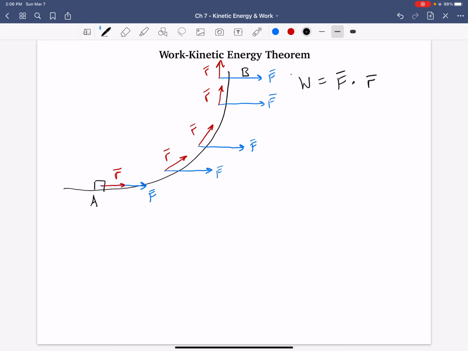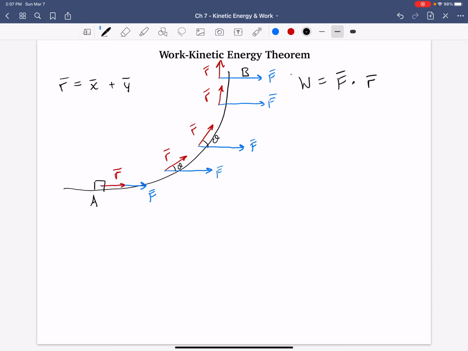I guess I should write it in general, the r vector is x plus y. Just a brief aside. This is what we've been doing up until this point. But in this situation, we can see that the angles change.